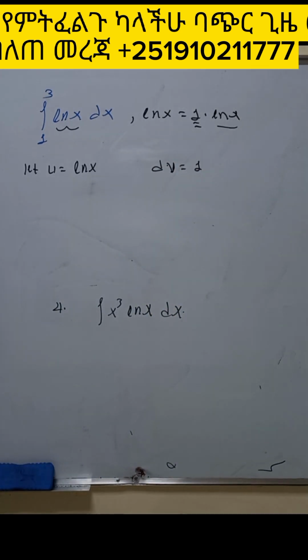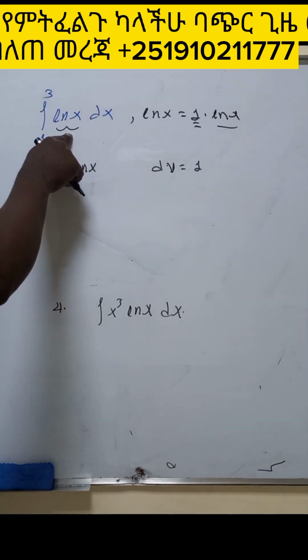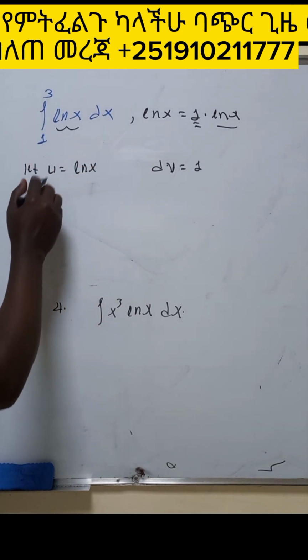Because all this you have to say if there is a function that comes as a combination of some rational function times logarithm, so all this you have to use. Now that is integration by parts method, so let's do that.